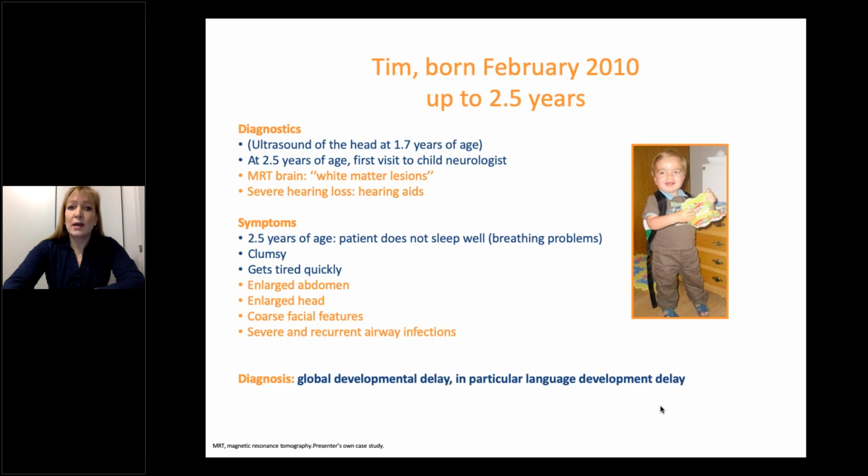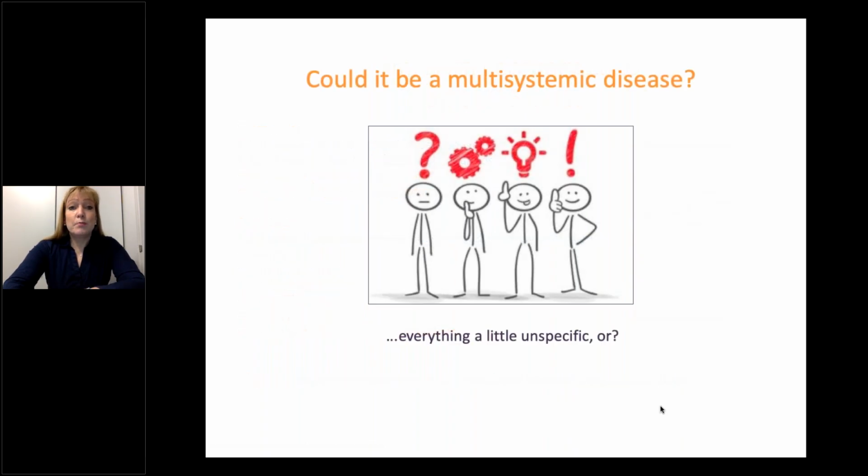And at the age of 2.5 years, there was the first visit at the child neurologist. And the diagnosis at this time was global developmental delay, in particular language developmental delay. So extremely unspecific, but it could also be a multisystemic disease. And the child neurologist already had the idea.